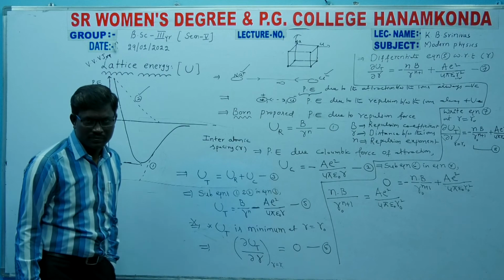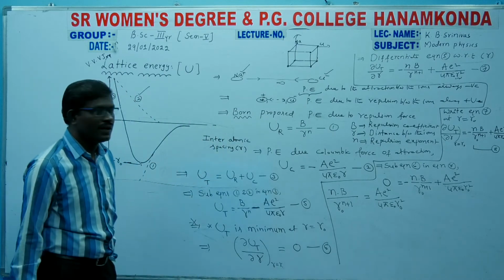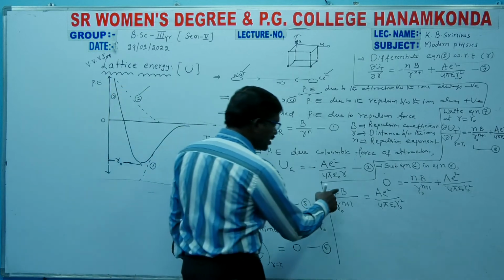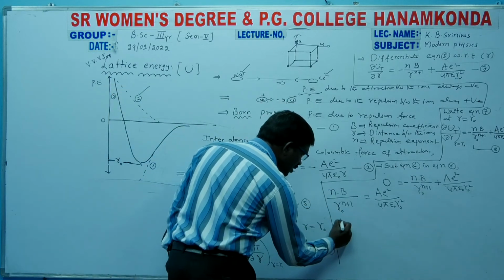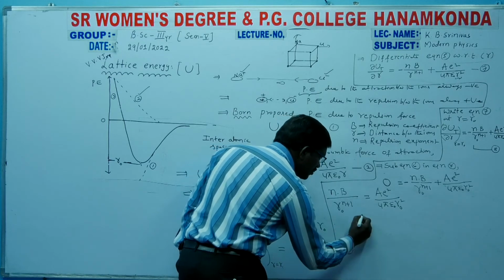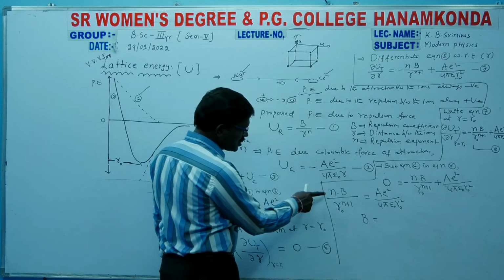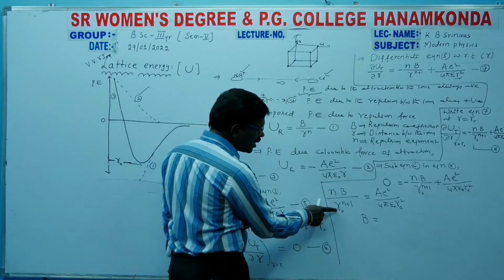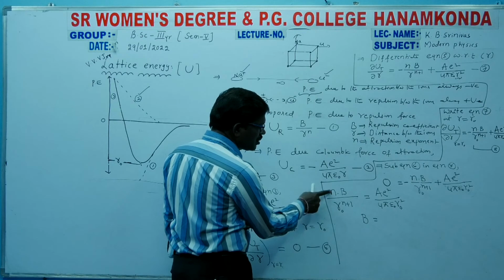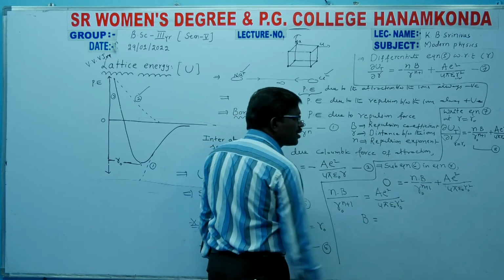What is my aim? I want to calculate b value individually, just to concentrate on the derivation. Therefore b is equal to, finally I am calculating b value separately. B is equal to, just to take this small n and r naught to the power of n plus 1 from LHS to RHS, these two terms will be reversed.